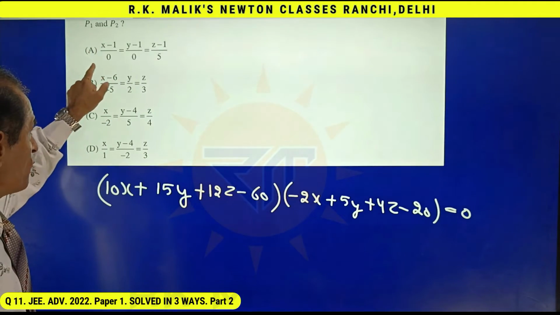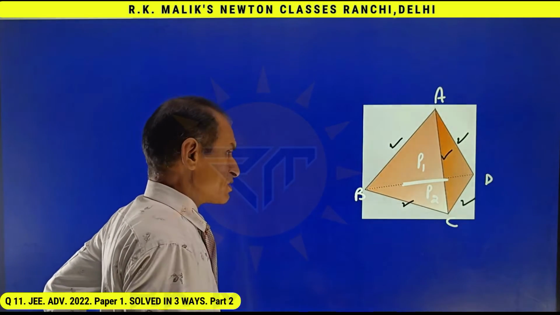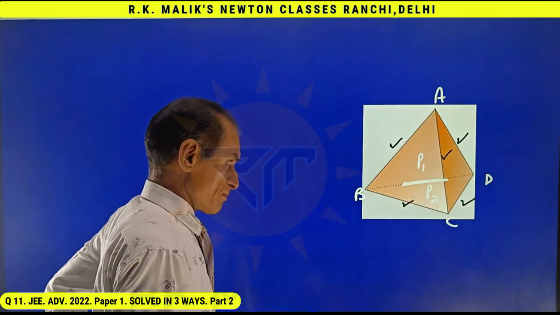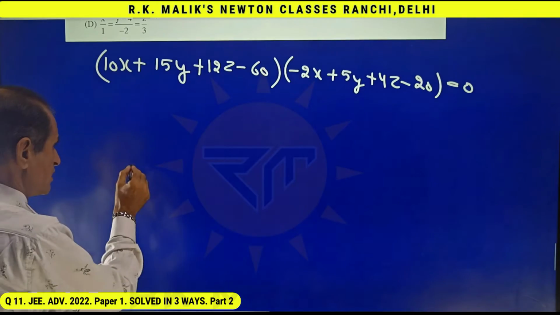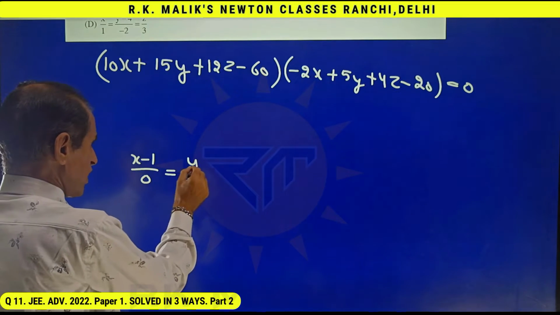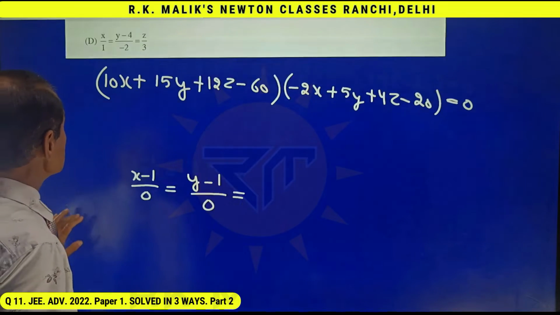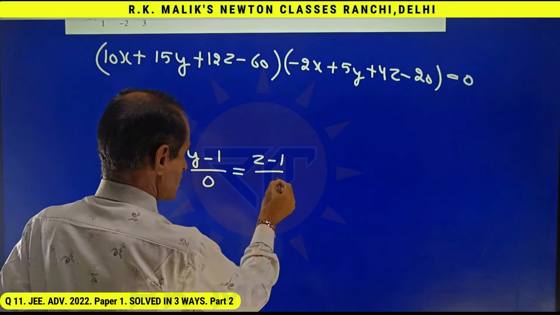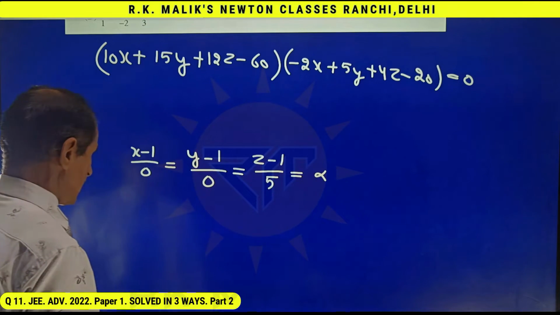And now let us deal with choice A. That is, I have to check whether this line can be an edge of this tetrahedron or not. For this, let us suppose (x - 1)/0 = (y - 1)/0 = (z - 1)/5, and let it be equal to alpha.